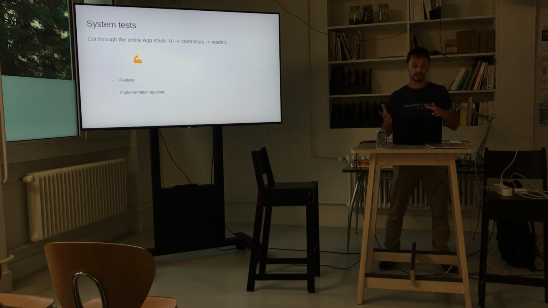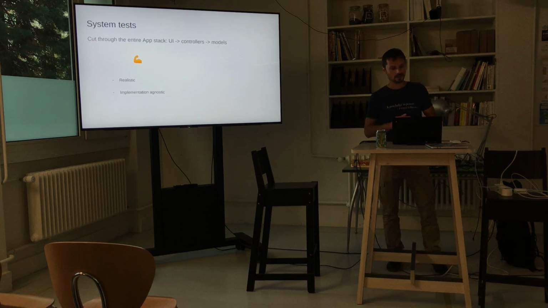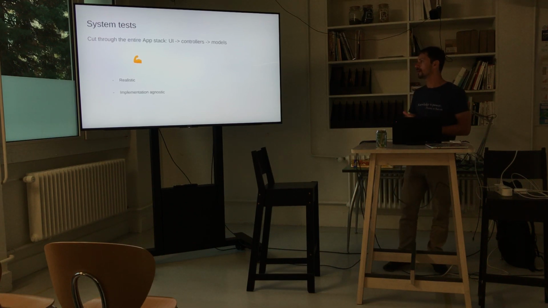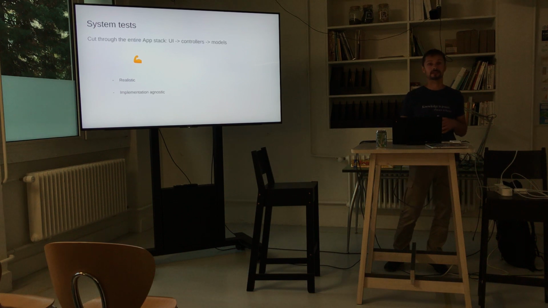For example, we might choose to reorganize controllers, but our system test is still going to pass because it doesn't really care which controllers are involved. So it's a very good feature of the test. It's not going to break if you decide to refactor things, which is good because it encourages refactoring.